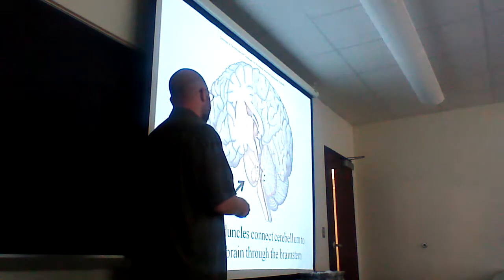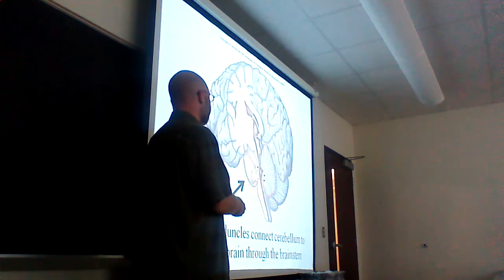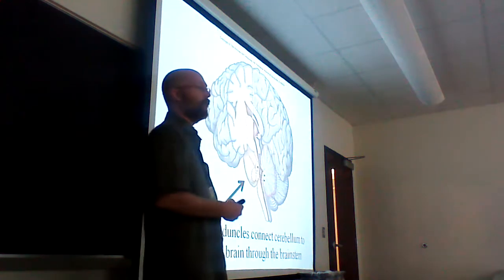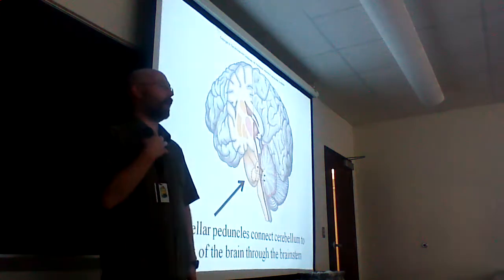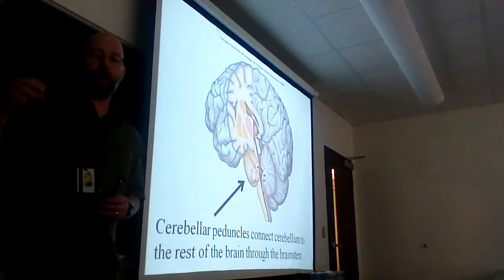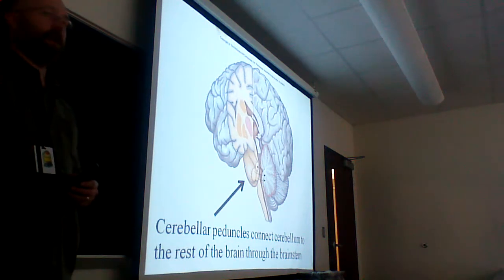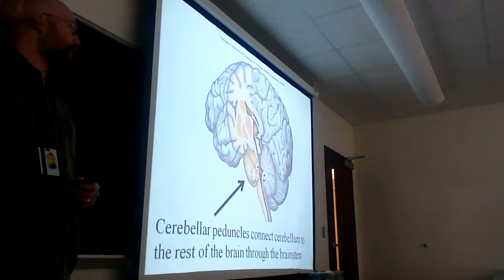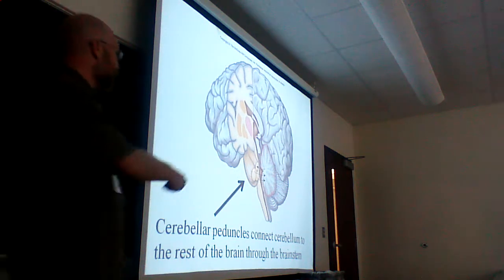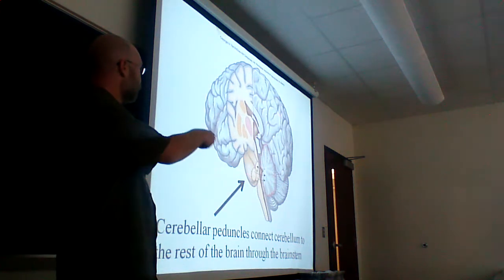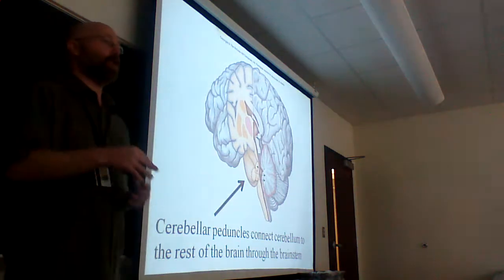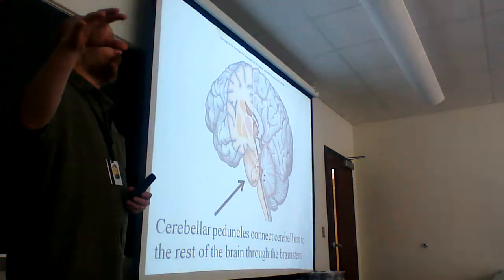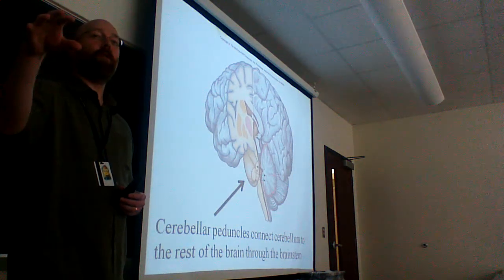We're going to bring information into the cerebellum through 2 different peduncles. They're going to bring sensory information in from the body, right? For example, telling me exactly where my hand is. It's going to bring information in through another one of the peduncles from the cerebrum that's going to say where I want my hand to be, right?